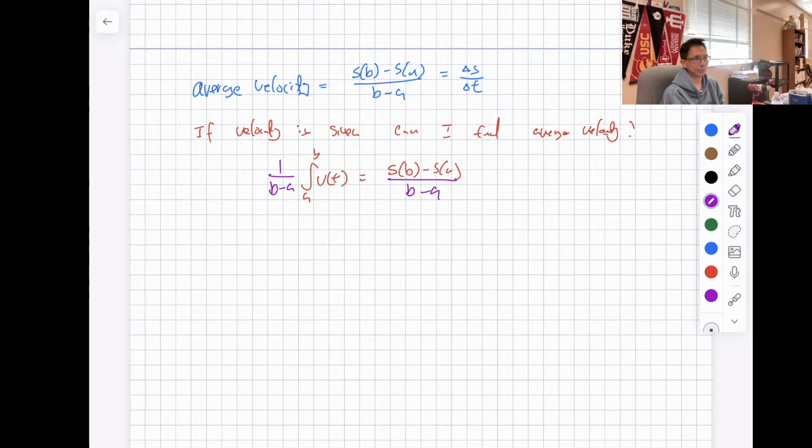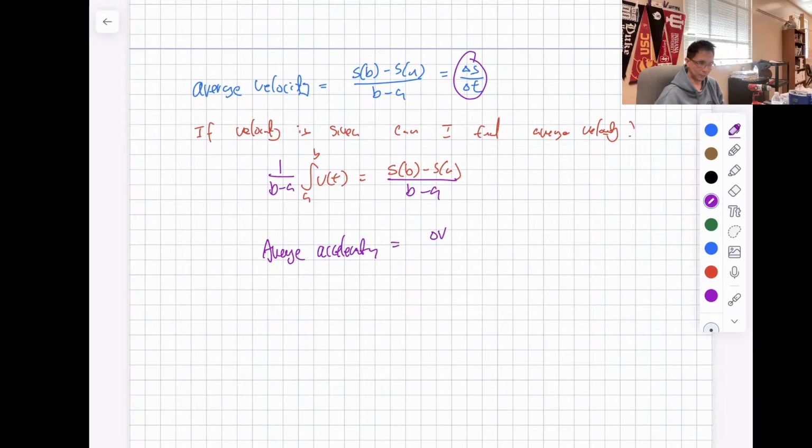Next thing. If 1 over b minus a times the integral from a to b is average velocity, how do I find the average acceleration? If average velocity is change in position over change in time, what will be the average acceleration?